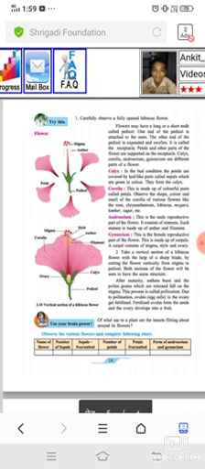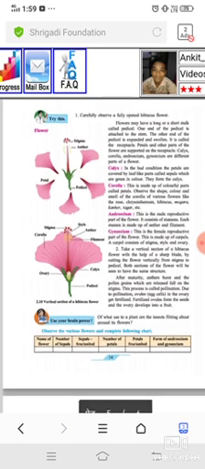Gynoecium. This is the female reproductive part of the flower. This is made up of carpels. A carpel consists of stigma, style, and ovary.